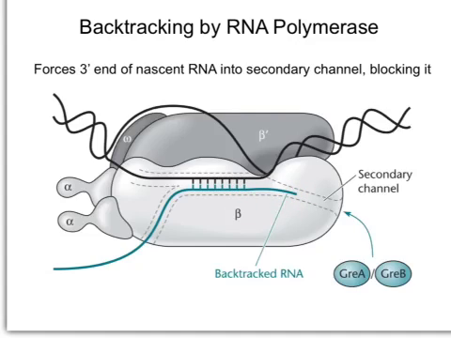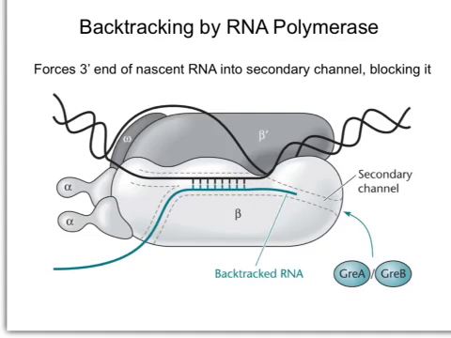This is a problem because it stops transcription. Transcription, as you recall, can only add nucleotides to a 3' end, but the 3' end is stuck down here. So this has to be resolved, and that backtrack RNA has to be removed.